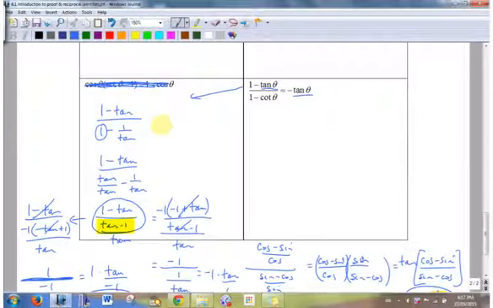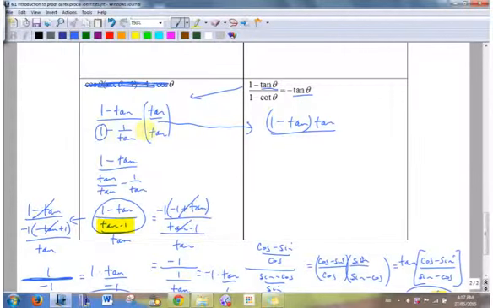Once I get here, I could times top and the bottom by tangent, right? That's just multiplying this by 1. So that's what I have on the top. And on the bottom, I've got 1 times tangent.